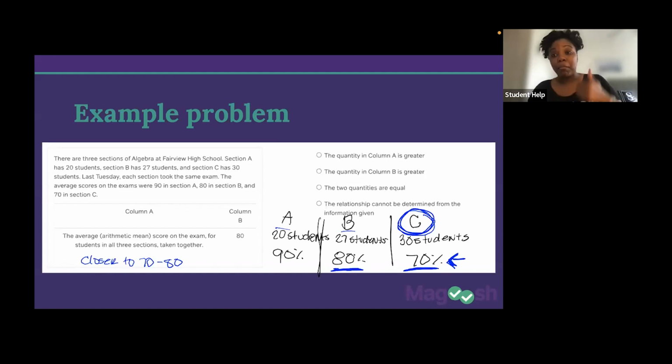In order to be more than 80, I would have to have more students driving up our average above that. And there are only 20 students above 80 and more students below 80. So I can pretty confidently say that quantity B is larger.